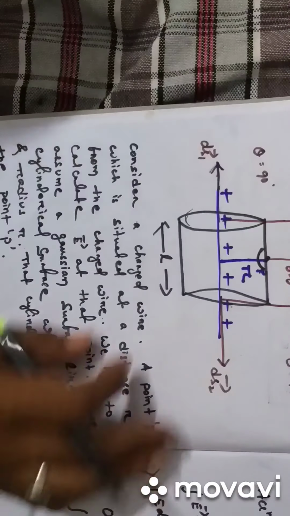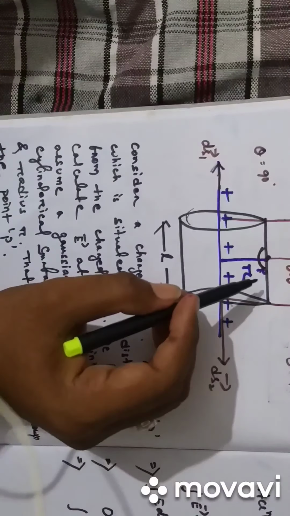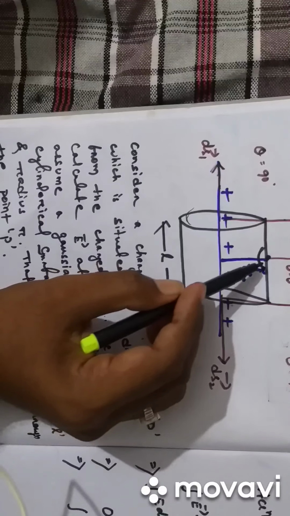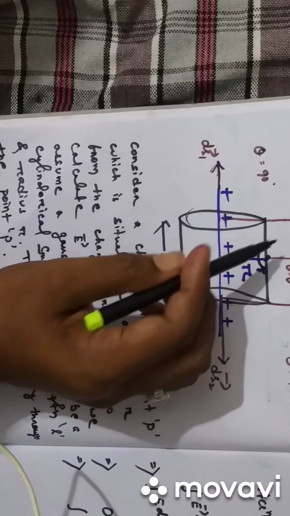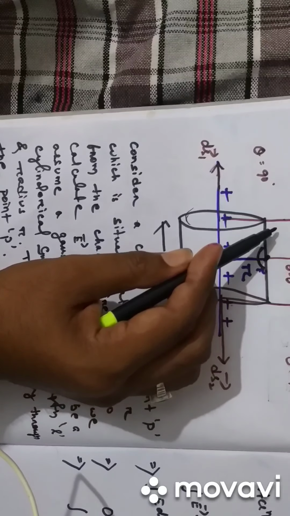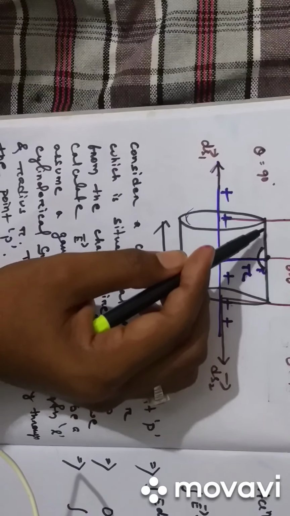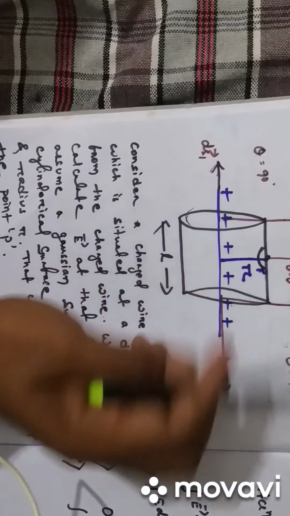We know in a cylindrical Gaussian surface the radius of the curved path at each point remains constant, therefore the electric field intensity generated at each point on that curved path remains constant.